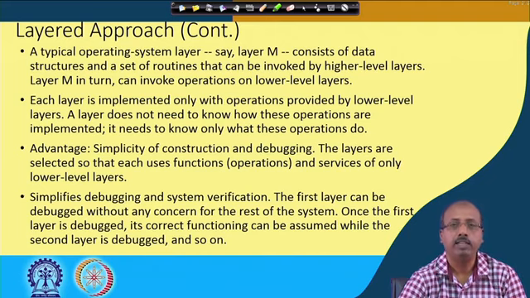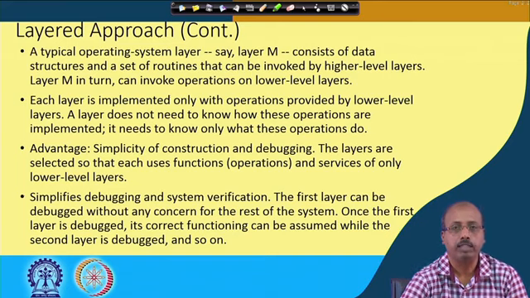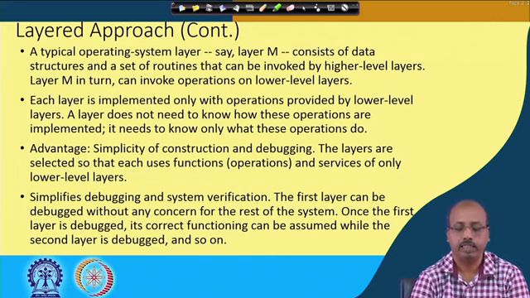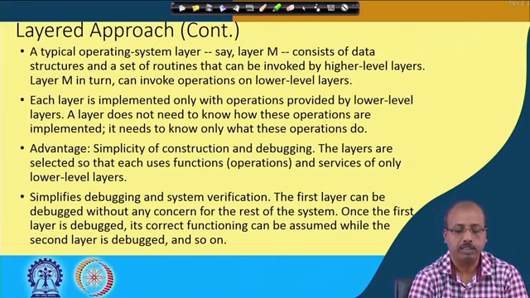At a higher level, when we are looking into lower level routines, we are just looking into the interface part, and the implementation of those routines is done at a lower level. So, if you modify the implementation, the higher level routines are not affected because the interface is not modified. Similarly, if you modify the interface, not the implementation part, then the higher levels should know that the interface has been changed, and accordingly those routines can be designed.